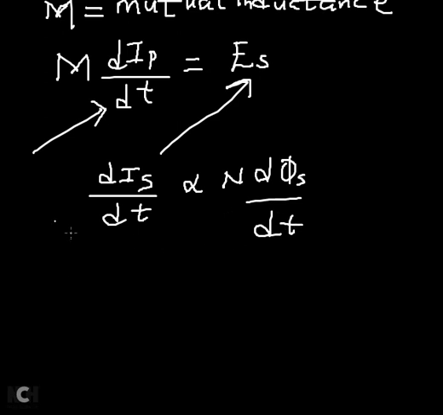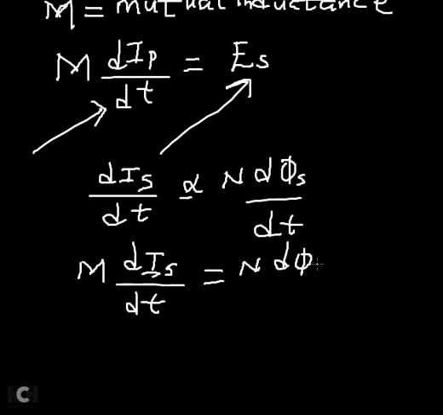Of course you know very well that if I introduce an equal sign, I'm going to have still mutual inductance. M dI/dt is going to be equal to N times the change in flux of the primary with respect to time.